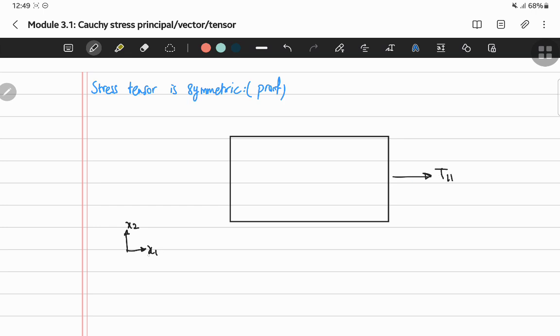You know that this is normal, plus delta T11. This is T11 because we know that there should be a difference between this surface and this surface to have stress generated in this element. So that's why I put this delta T11 in here. Then we have T22 plus delta T22. And then I have T22 in here. Then I have the shearing stress.